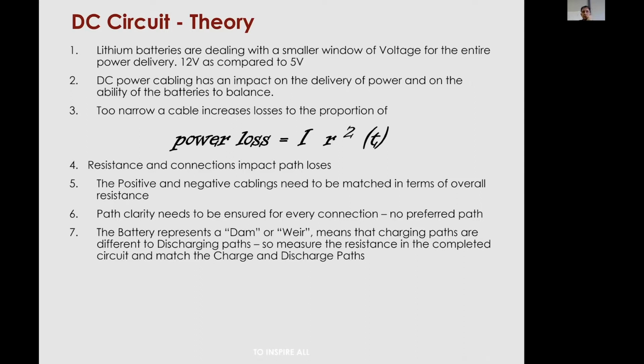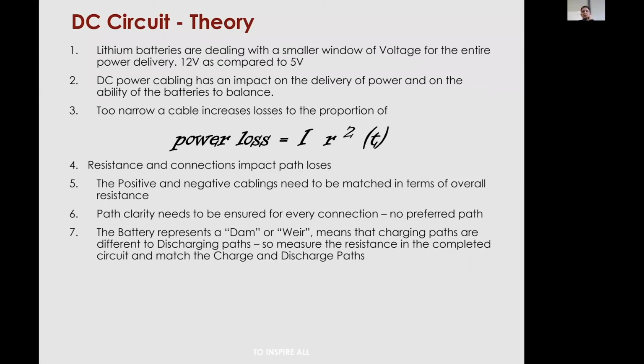So your monitoring losses become your best or your worst case touches. And you also want to balance the losses on either side of your battery system, so that the cabling from the inverter down to the battery and either side are balanced. Okay, that's point number 5.